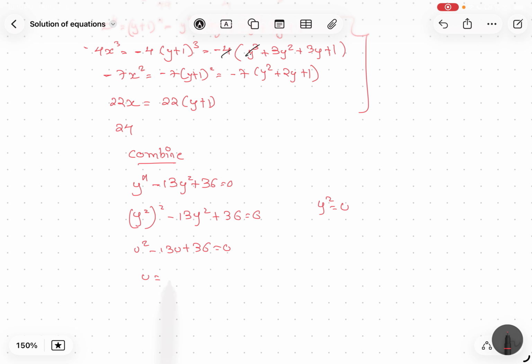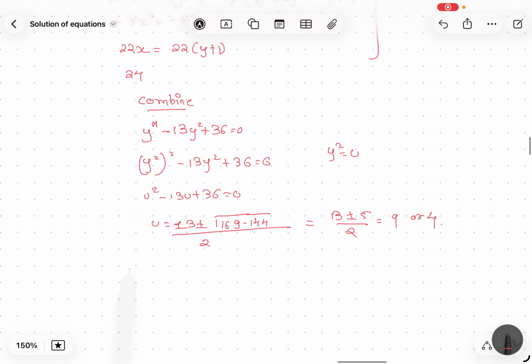Can I find u? Yes. That would be 13 plus minus under root 169 minus 144, by 2, which is 13 plus minus 5 by 2, which again is equal to 9 or 4.